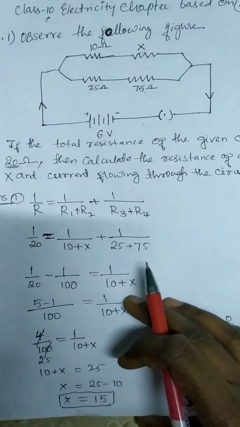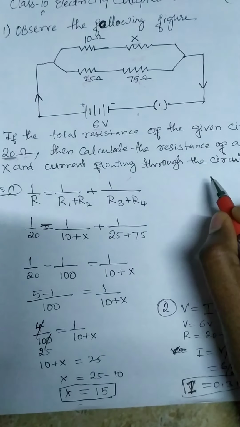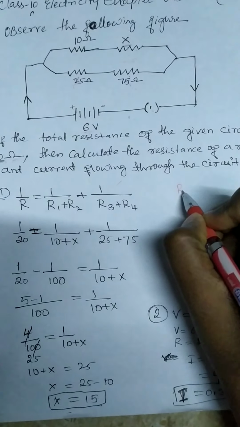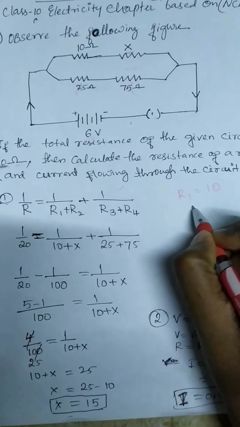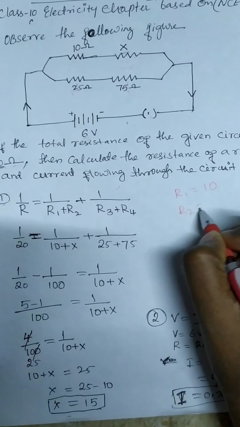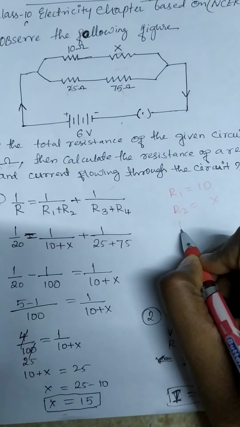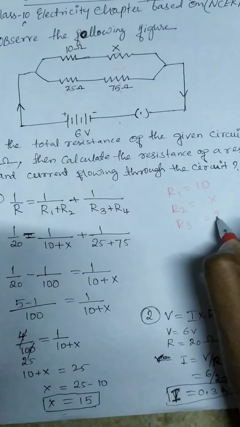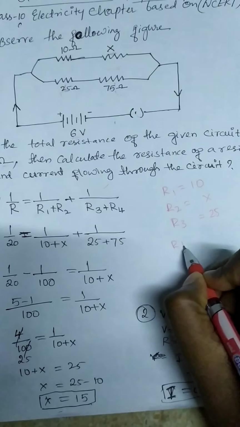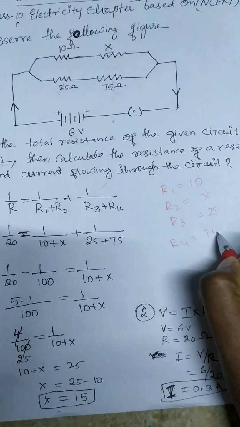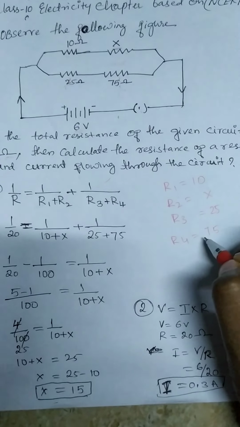the answer. The given data is R1 equals 10, R2 equals X, R3 equals 25 and R4 equals 75. These are in ohms.